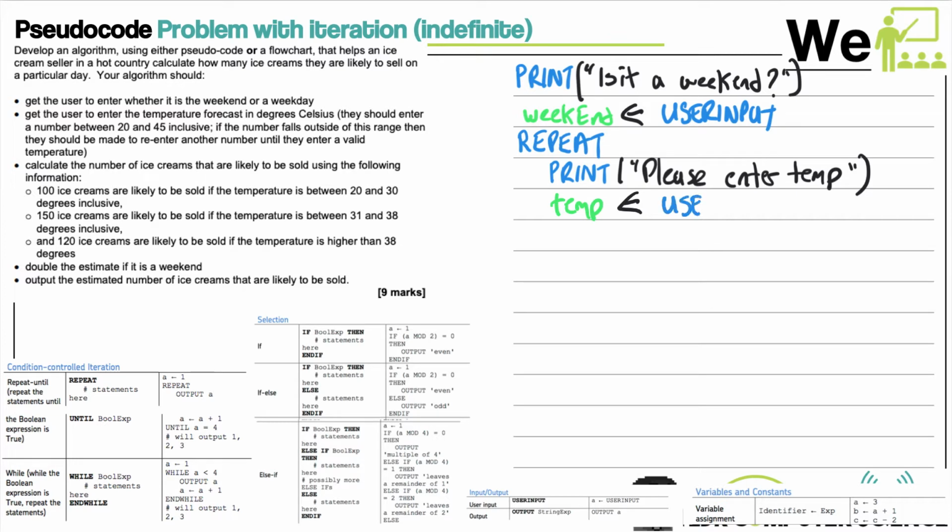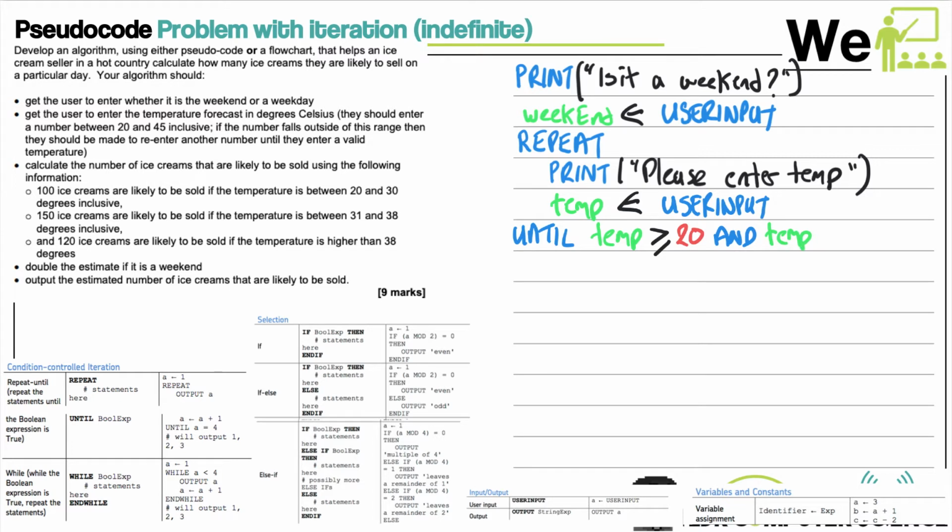And remember, you want to keep looping around until something becomes true. In this case, until what? Well, until temp is greater than or equal to 20. Remember, this is one of the places you can go wrong. And temp, in fact, let's go wrong here just to prove the point.